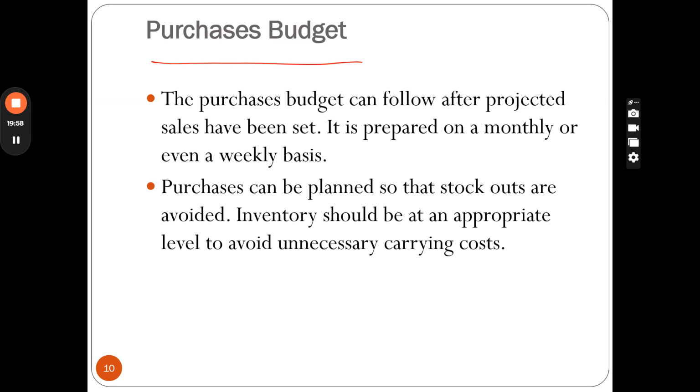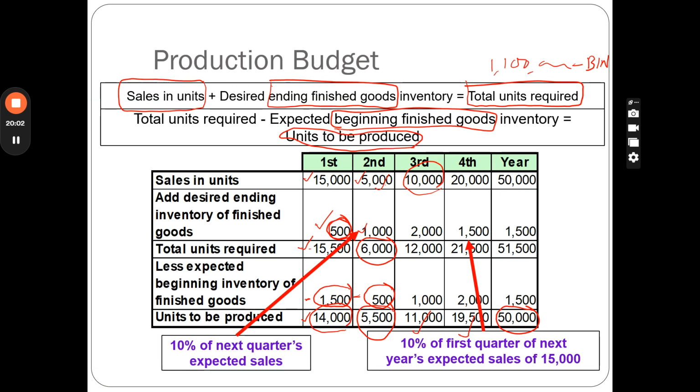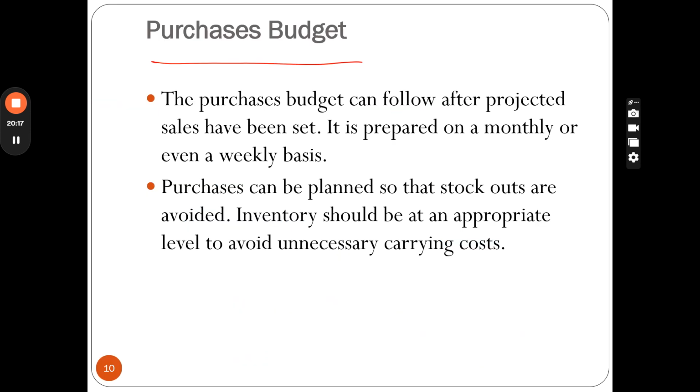So how many units need to be purchased? That is based on the same formula we have seen here. Sales in units plus ending finished goods minus opening finished goods. So that is going to be the number of units I need to purchase this period.